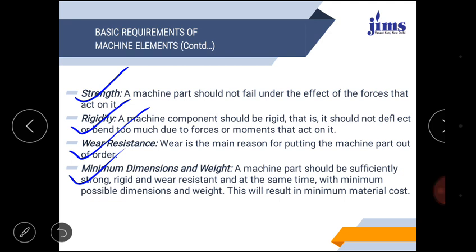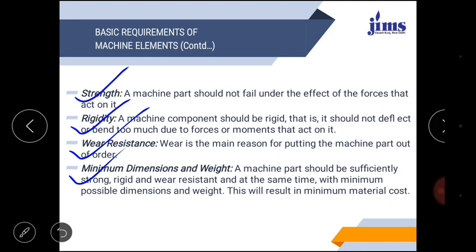So it should be avoided as much as possible. And if it is bulky and bigger in size, then the cost will increase in proportion. So suitable, optimal dimensions should be selected.